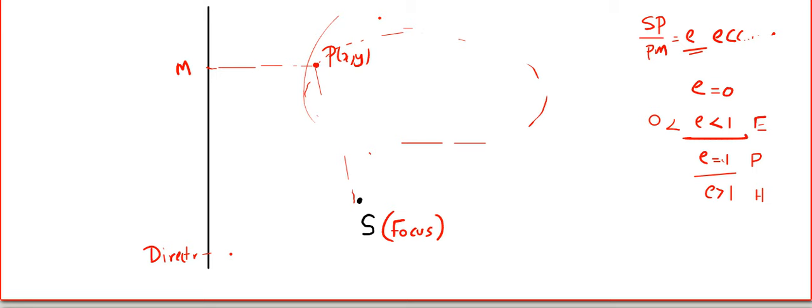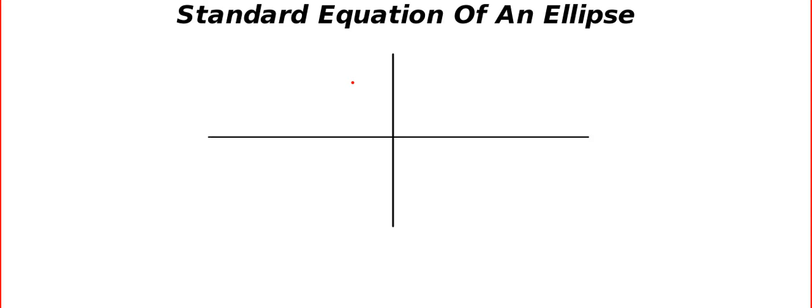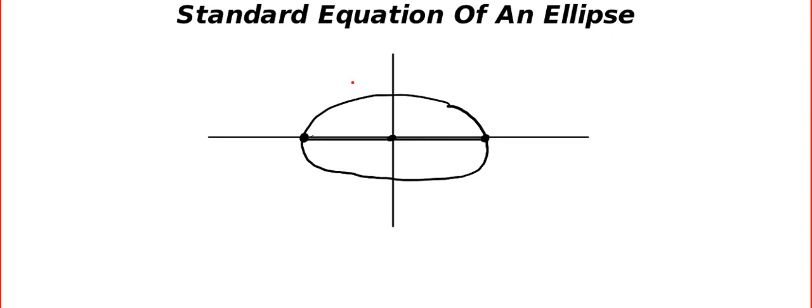Okay, now let's start with the derivation of our ellipse. Now look at this. By the way, you have to understand, the standard ellipse means an ellipse which will have center origin and which will be symmetric about both x-axis and y-axis, and the length of the major axis will be 2a, and the major axis will be on the x-axis.